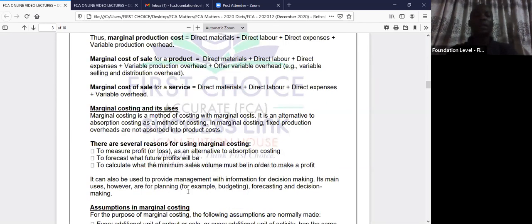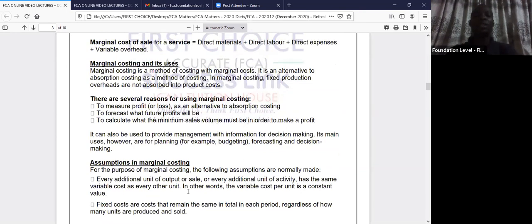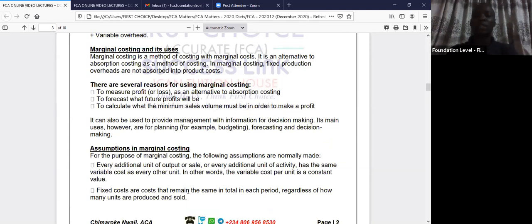All right, marginal costing and its uses. What are some of the uses of marginal costing? It is an alternative to absorption costing. The last time we learned about absorption costing, we said it is the full cost method.